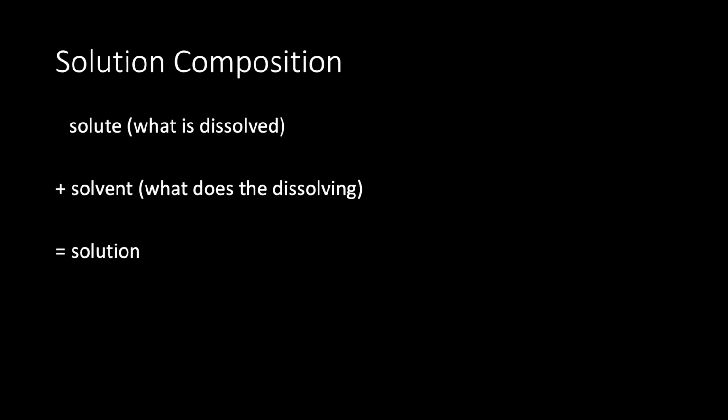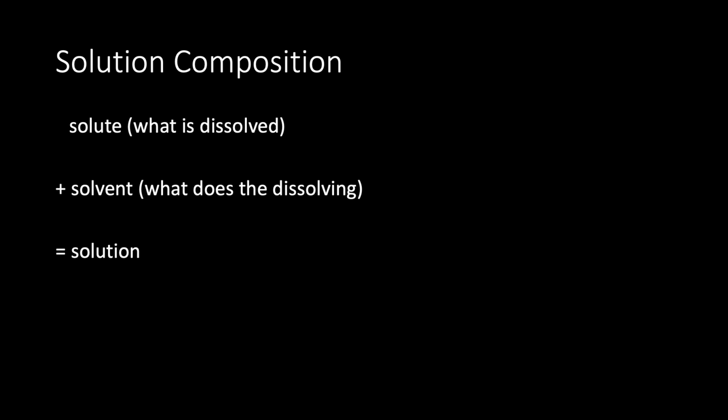Okay. So we are starting Gen Chem 2 in chapter 13. We're talking about solutions. Now, what are solutions? Solutions are separated into three components. Yes, we talk about solutions as a single type of thing.